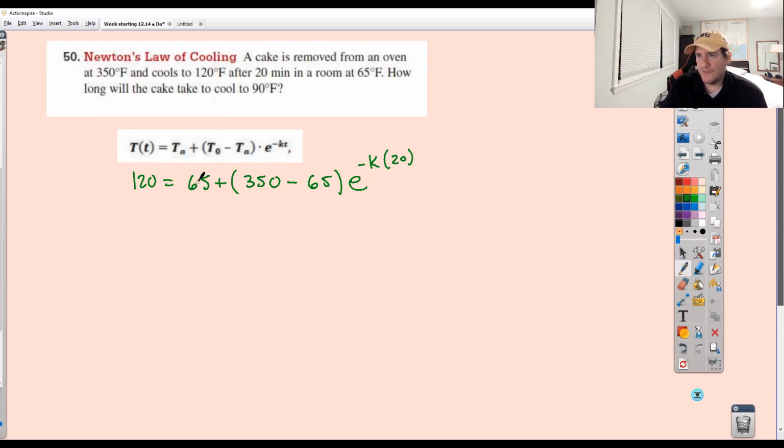To solve for k, we'll take 65 away. So 55. We'll take 65 away from this, so, I despise arithmetic. 350 minus 65, 285.